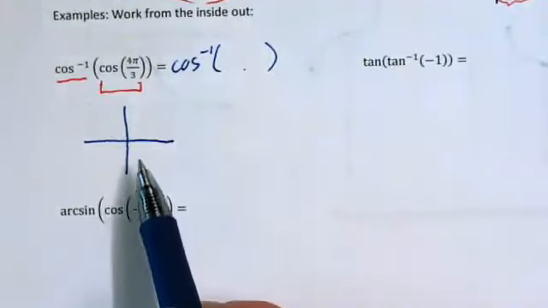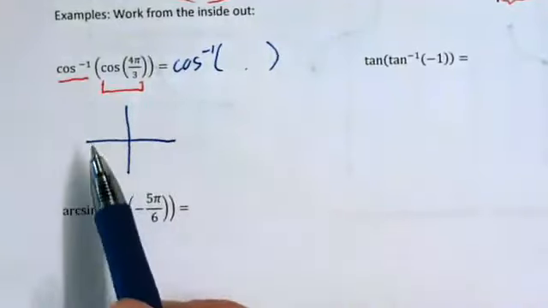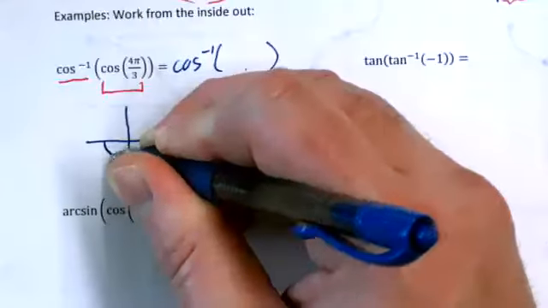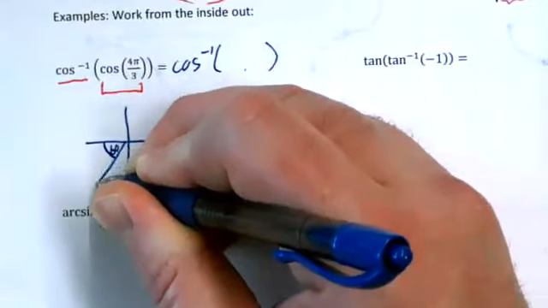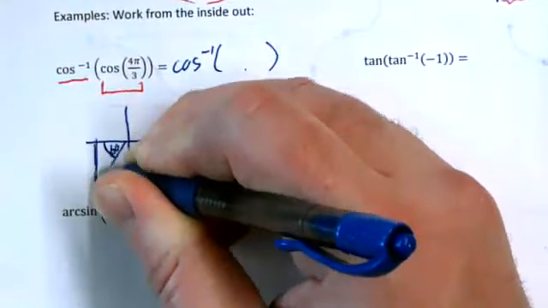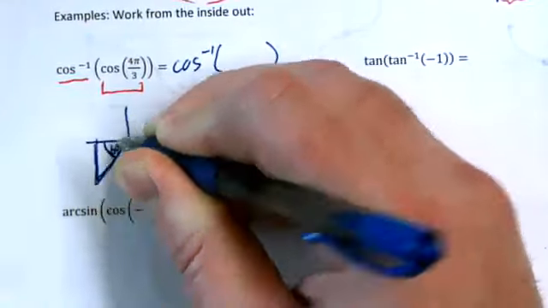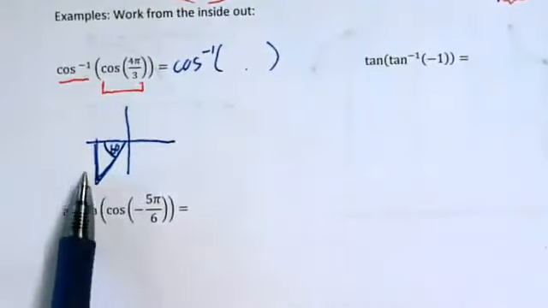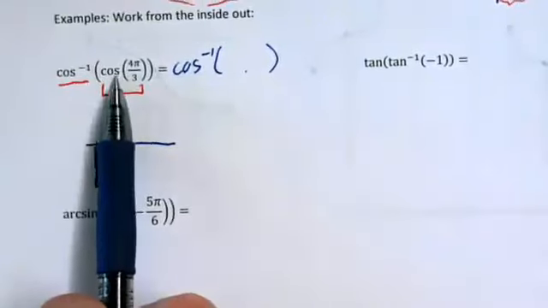What would 240 be? It's bigger than 180. How much bigger than 180? 180 plus another 60. Draw me a reference triangle. Now, before I go any further here and put numbers on that triangle, let's think about that quadrant and the fact that we've got a cosine in that quadrant.